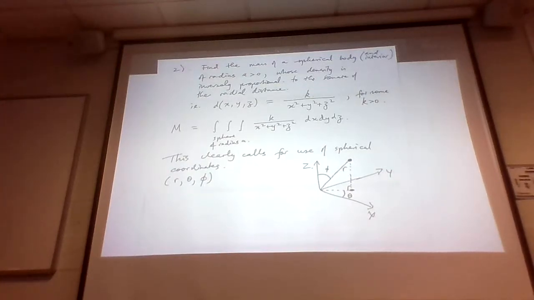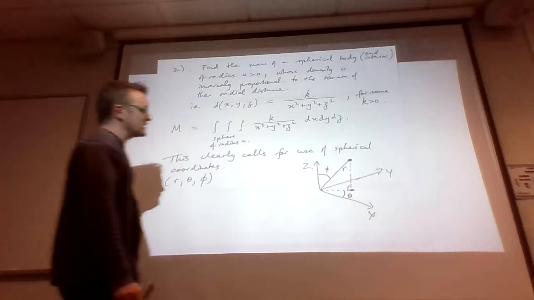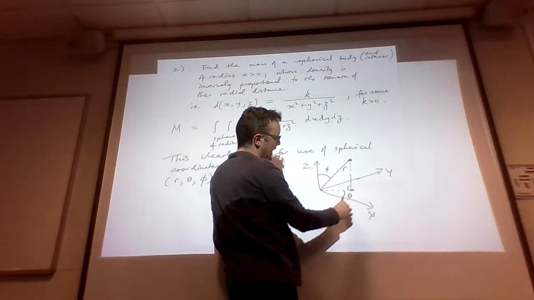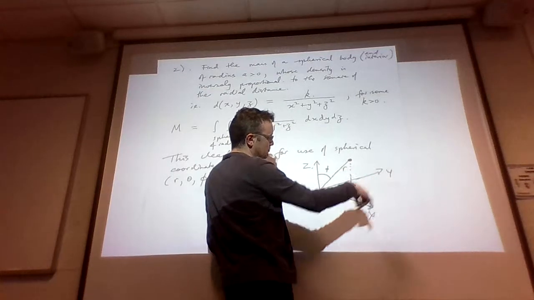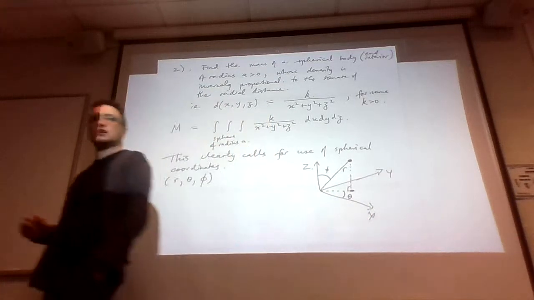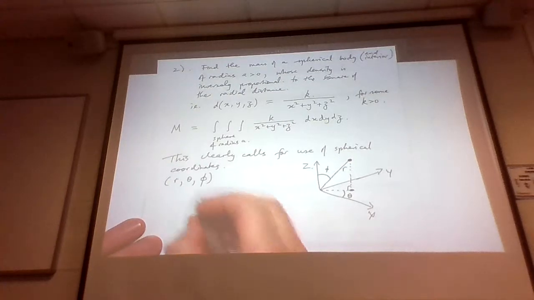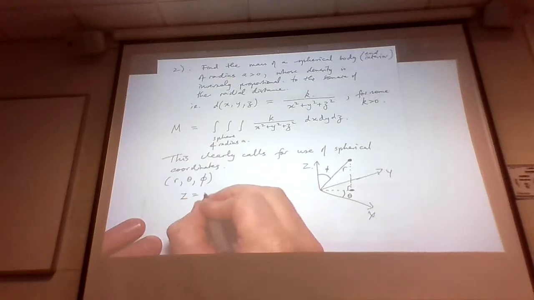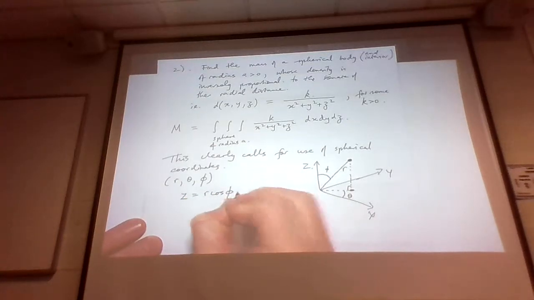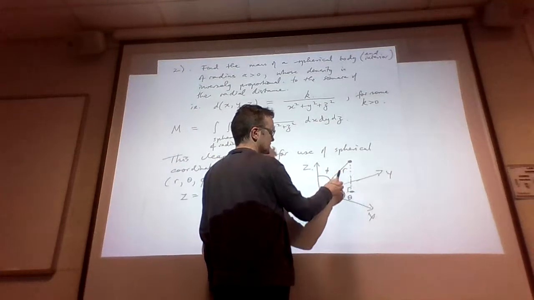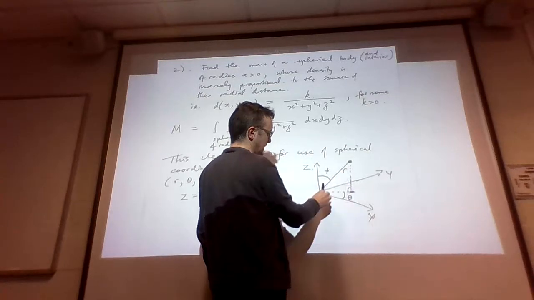Now there's a few triangles here. There's the vertical triangle with r as its hypotenuse. There's this triangle in the xy plane with the projected radius as its hypotenuse. We explained this when we met this before, but when you examine those two triangles, you find that the transformation equations are z is r cosine phi. That comes from analyzing this vertical triangle, because this top angle here is phi as well, it's the angle opposite to this one.